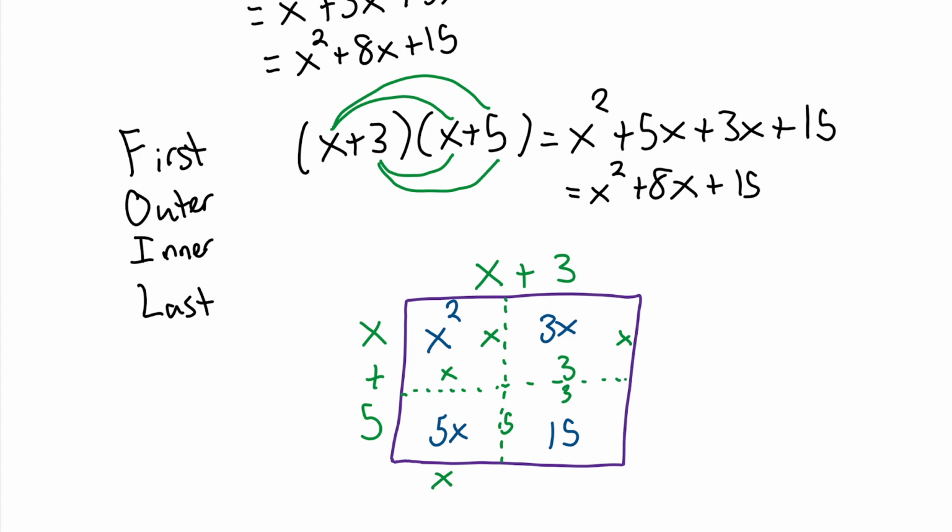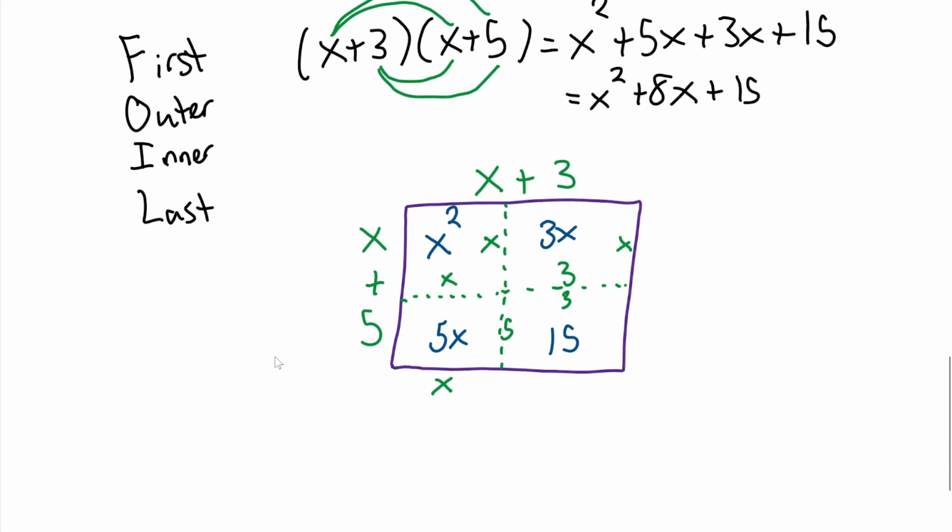So this is a nice visual of what's going on when we do this multiplication. We're breaking it up into different chunks and putting them together, trying to find the area of this entire rectangle by breaking it into parts and adding those parts together. Just a visual representation of what we're doing algebraically.